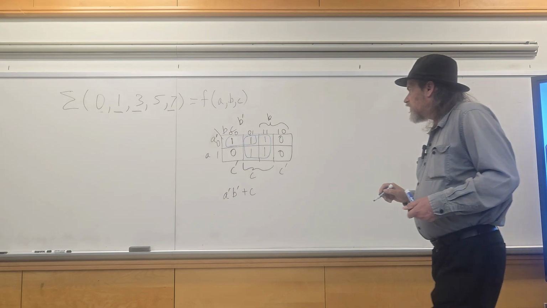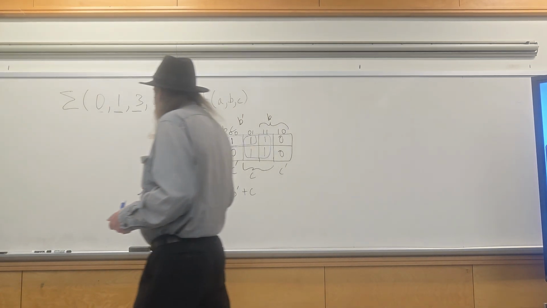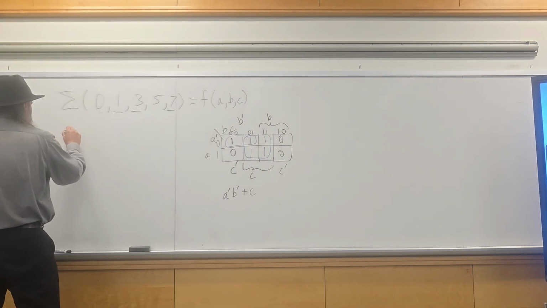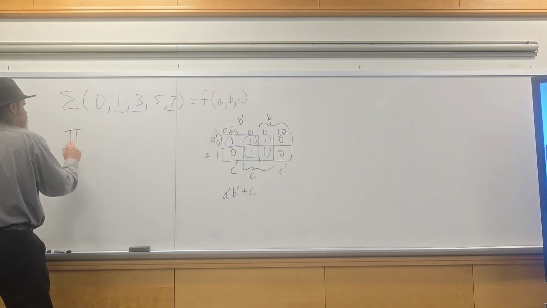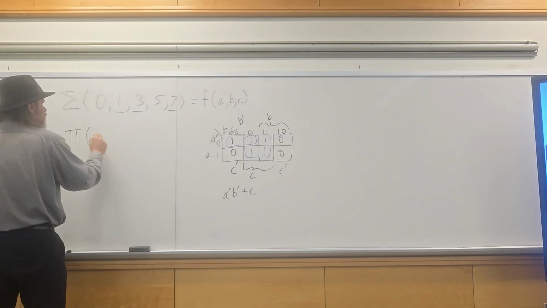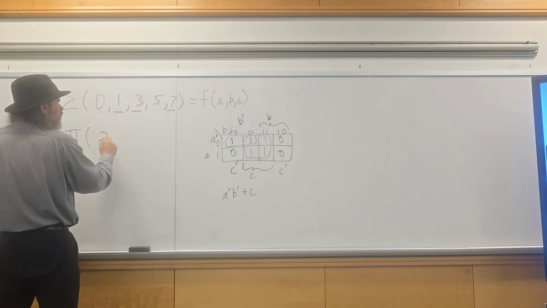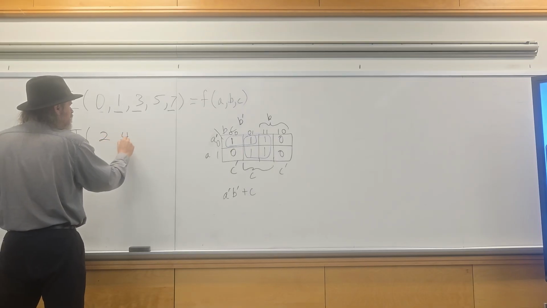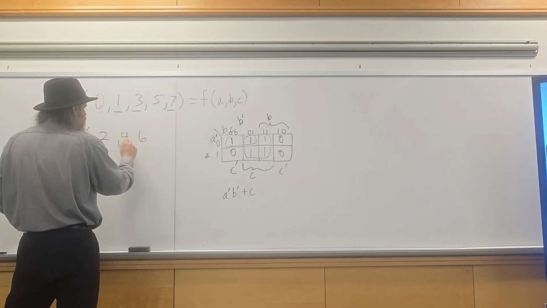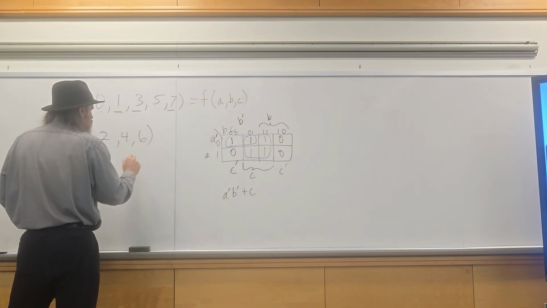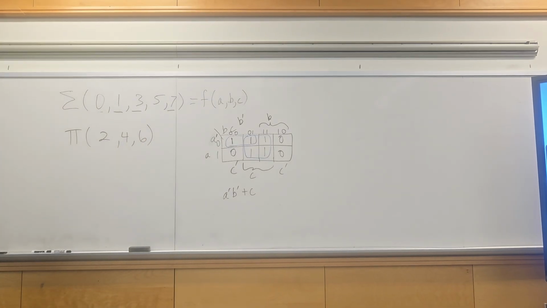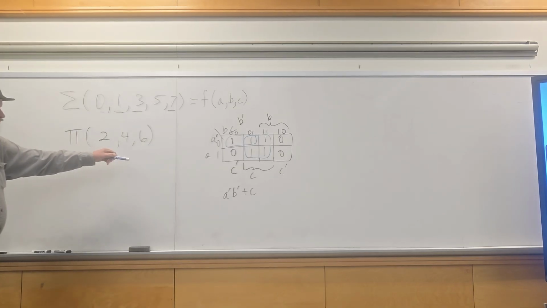Now, keep in mind that this could also be written, the equivalent function would be what, 2, 4, 6? In product form, you would put the numbers where the zeros are.